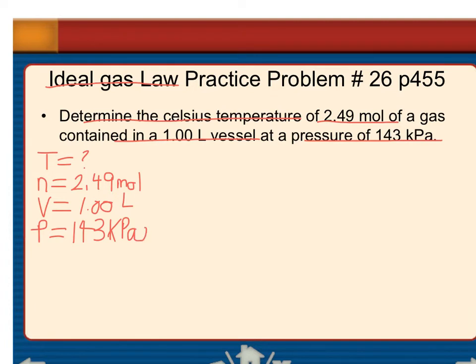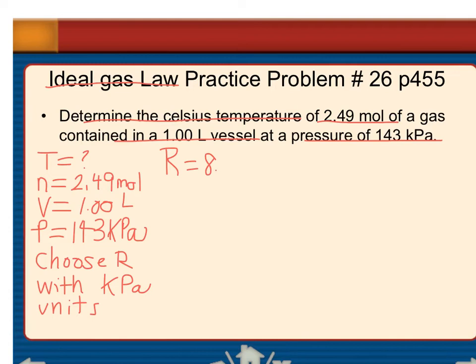In choosing an R value for this, we will be looking at the units of pressure, which are kilopascals. And going back to the chart, we will find that the value of R that must be used corresponds to 8.314 liter kilopascals per mole Kelvin.